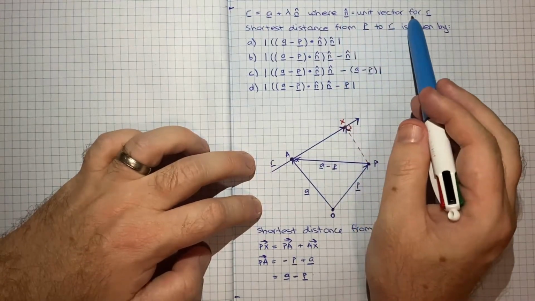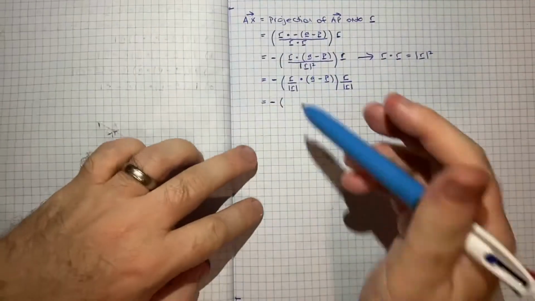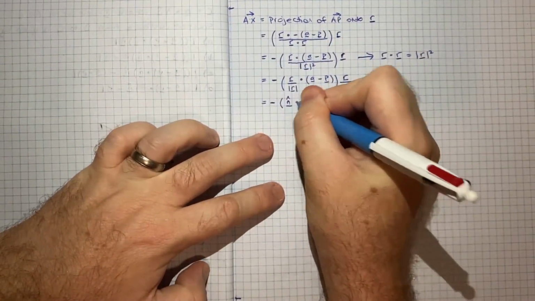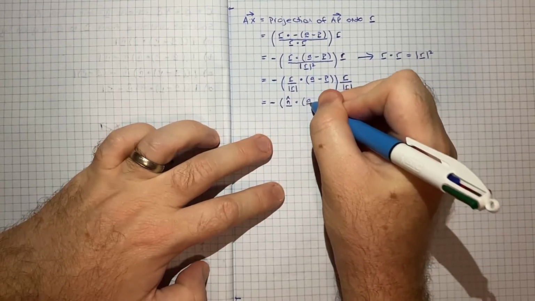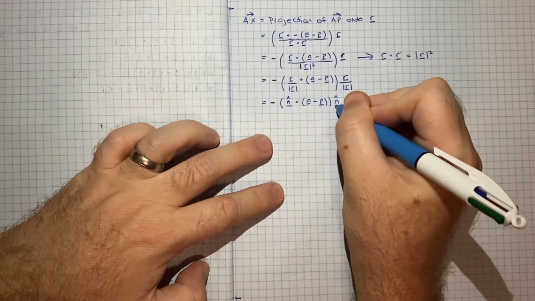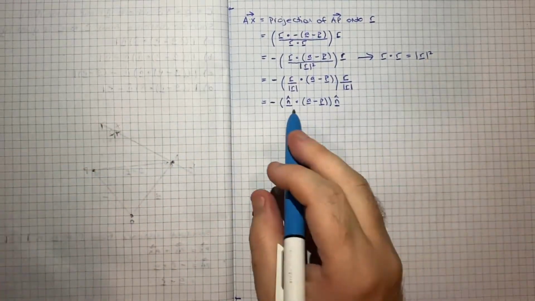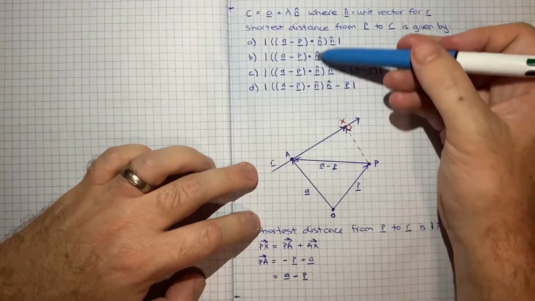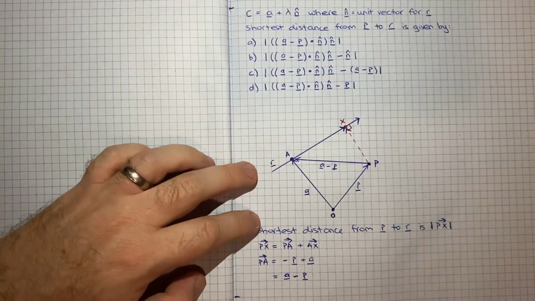That is the unit vector for R. So I'll replace these with n hat vector dot product A vector minus P vector, all times n hat vector. And again, that's good news because that's quite similar to what all of our options had in them.